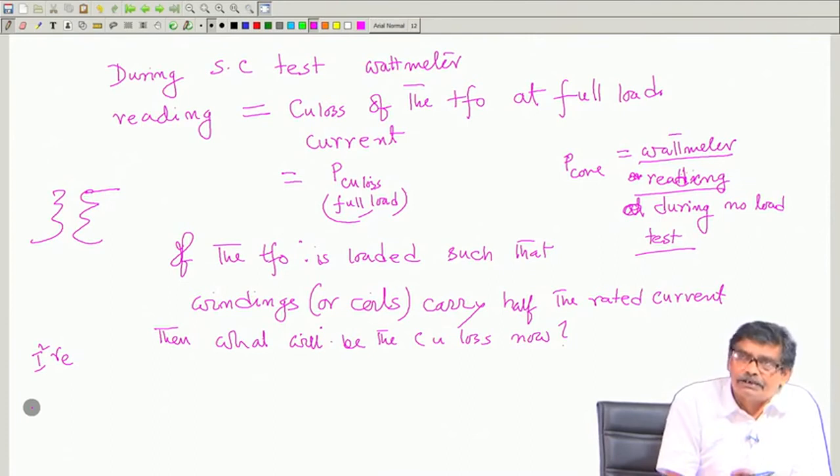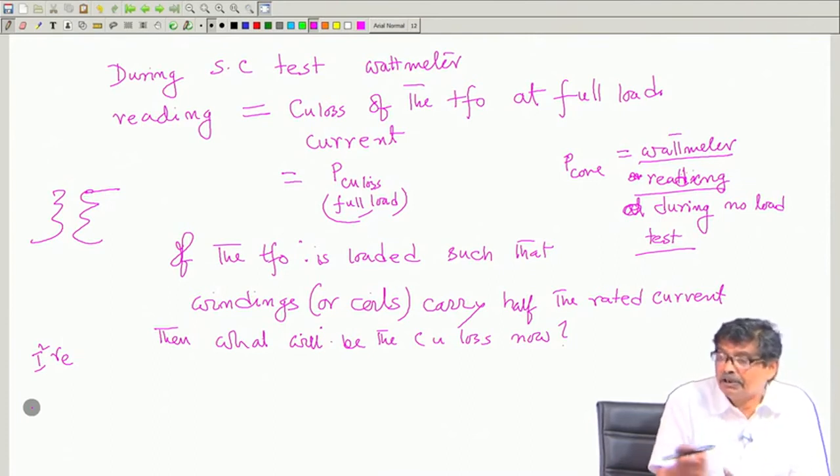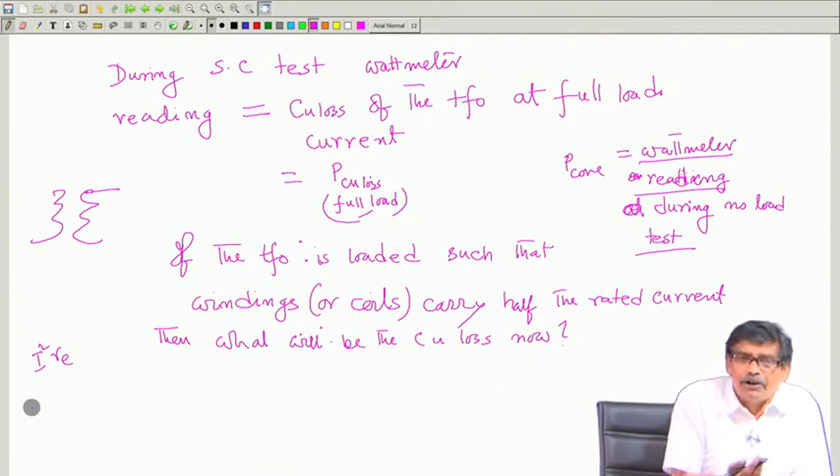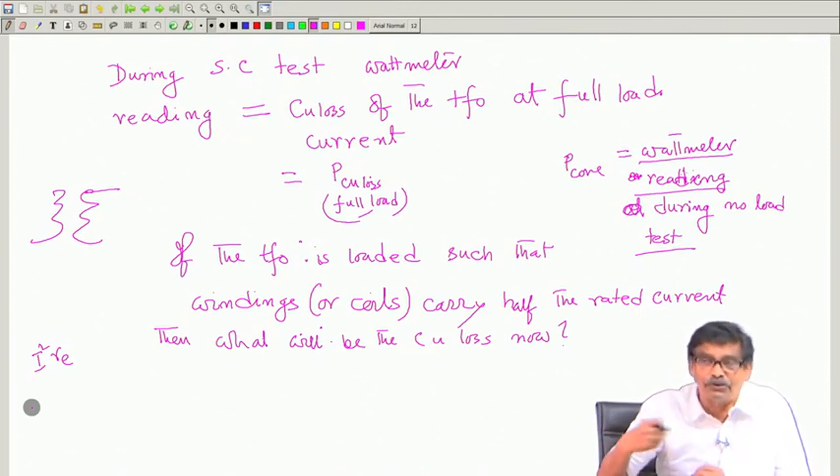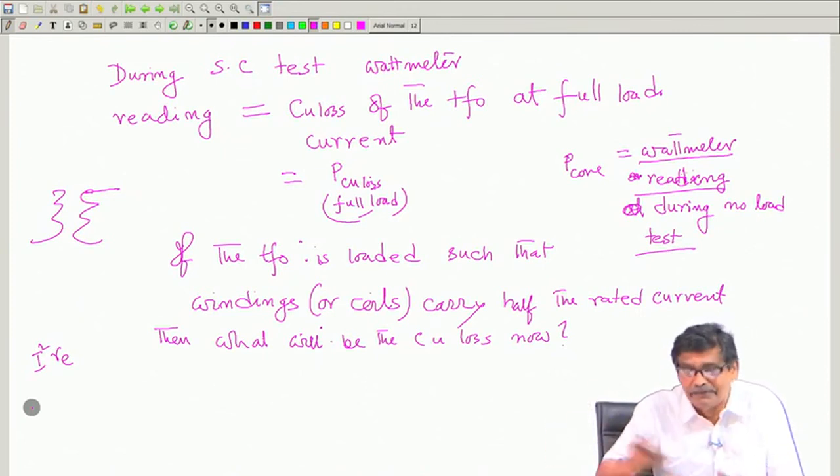So, I will try to exploit this simple equivalent circuit. No point in separating R 1 R 2, because after all from open circuit short circuit test you cannot separate R 1 R 2. It comes as R E 1 as a package, R 1 plus a square R 2, or R 2 plus R 1 by a square.